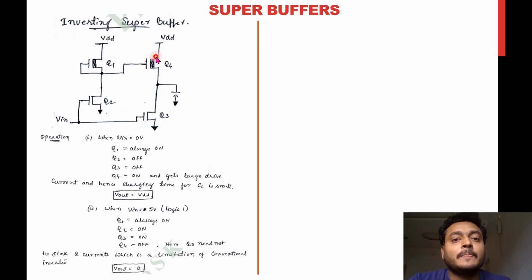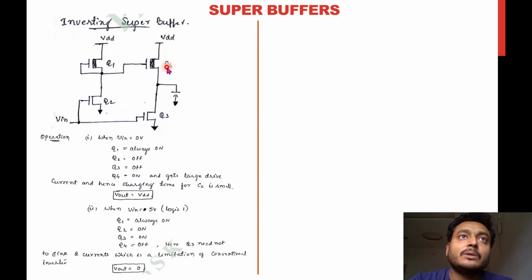If you want to turn it off, you have to apply the opposite polarity. Here, since the potential is zero and it is still turned on, if you give more voltage, that is going to drive this, and a large current will be flowing through this Q4. So more current will flow, connection from this output node to ground.